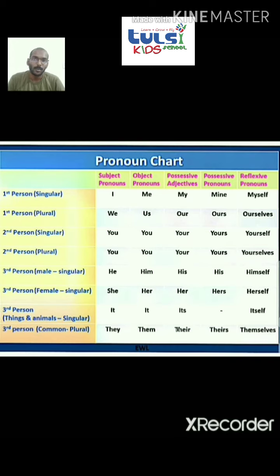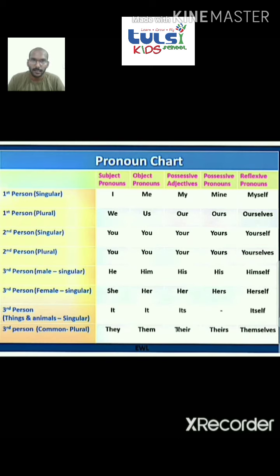The object pronouns of I and we are me and us. My is a possessive adjective, mine is a possessive pronoun, and myself is a reflexive pronoun. Same like that, we, us is the object, our is a possessive adjective, ours is a possessive pronoun, ourselves is a reflexive pronoun.